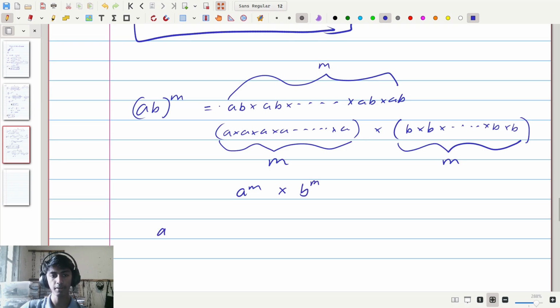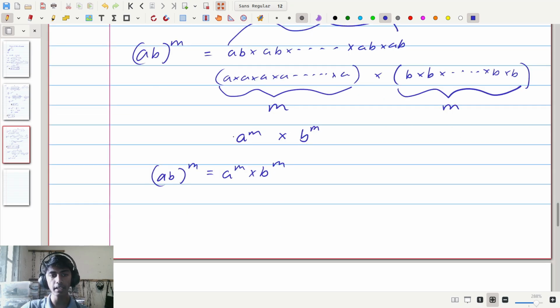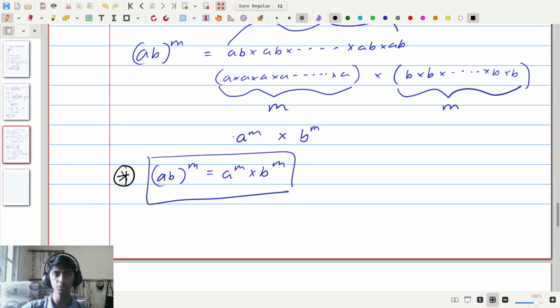So we have ab to the m being equal to a to the m, b to the m. This allows you to break a product into its factors and write that in indexed form. As an example, we'll write this as a main point. I'm going to put a black thing around it to show that it's important.